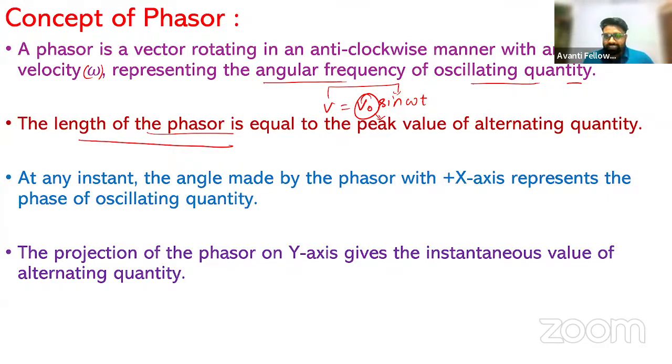Its length will be the maximum value of that particular alternating quantity. Let's say, for example, V equals V naught sin omega t is the alternating voltage.